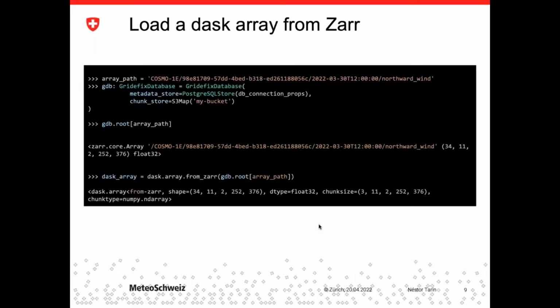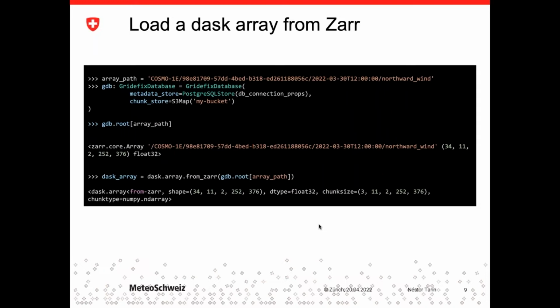Then, how to load, for example, a dask array from Zarr, using our PostgreSQL store as a metadata store, would be as simple as the following. Given an array path, we have already used our catalog to find the variable, the timestamp, and which array ID or path we want to load.